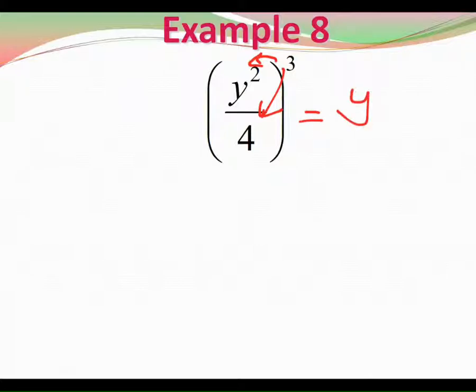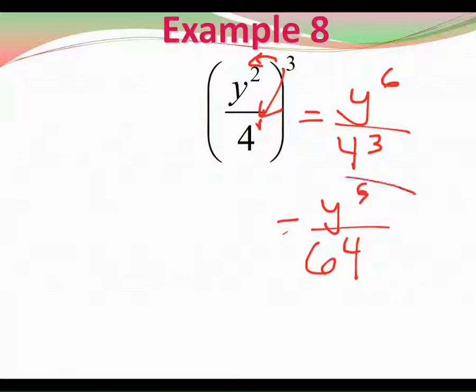So the numerator is going to become y to the what? 6, because it's y to the second times y to the second times y to the second. It's y to the 6. We multiply those exponents. The denominator, remember that's like an exponent of 1. It's going to be 4 to the third, right, which when we simplify, 4 times 4 times 4, 64. So we'll get y to the 6th divided by 64.